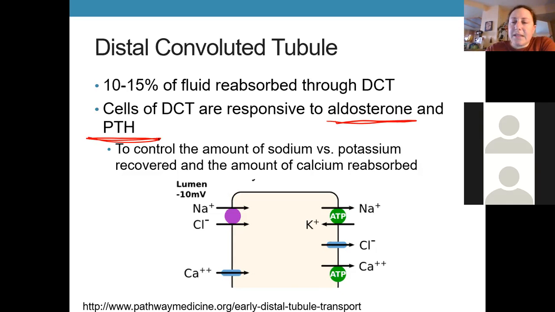So what that means is that the amount of aldosterone present dictates how much sodium is reabsorbed, and the amount of parathyroid hormone present dictates how much calcium is reabsorbed. So these are adjustable reabsorptions here.